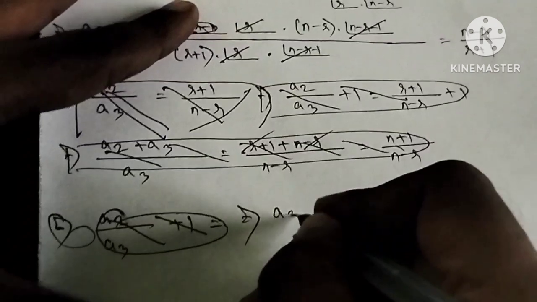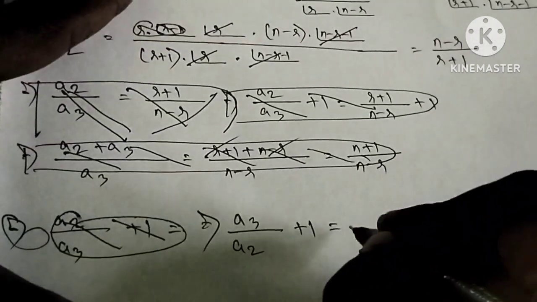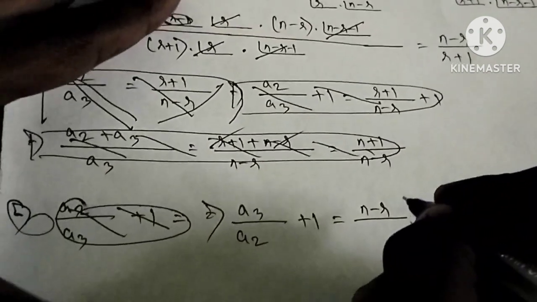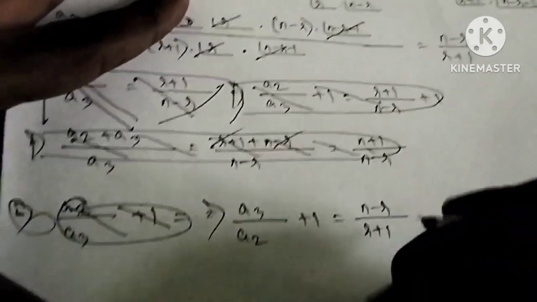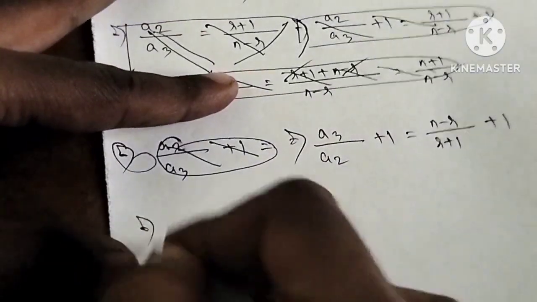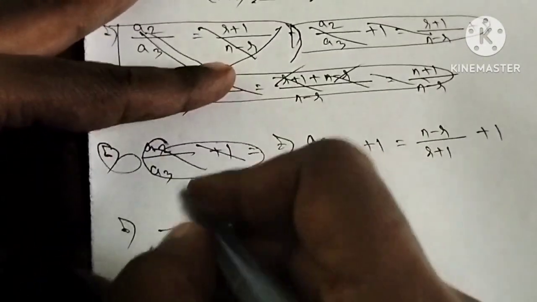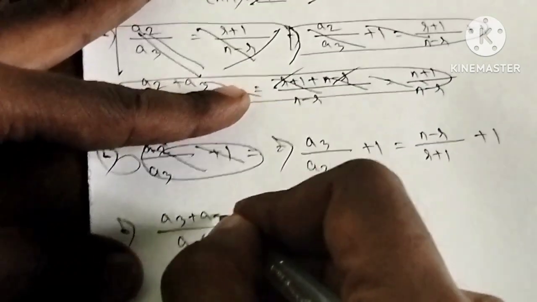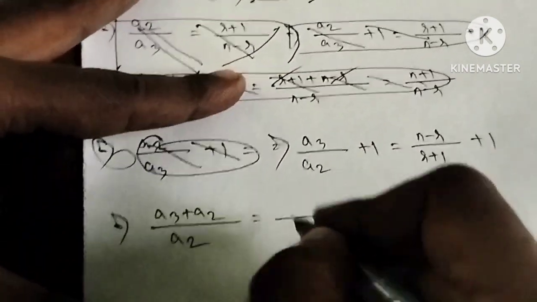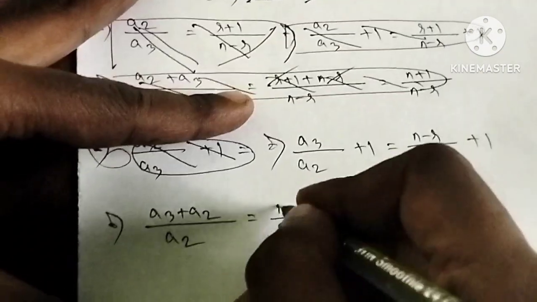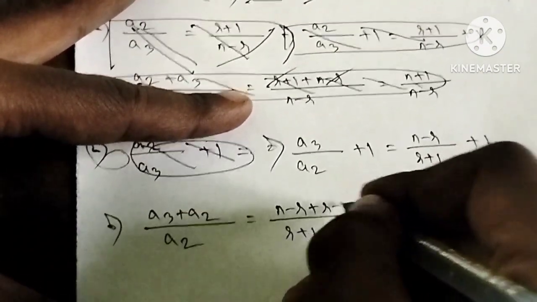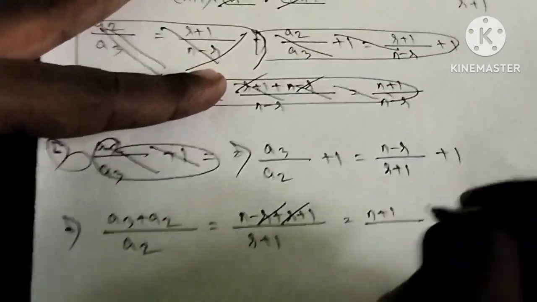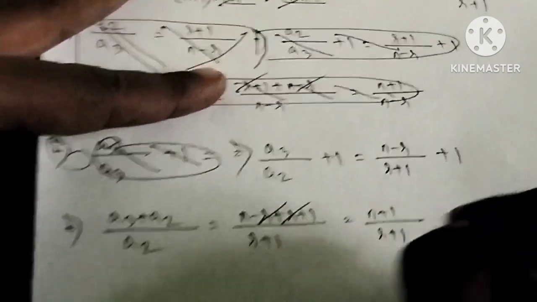Now a3 by a2 plus 1 is equal to (n-r) by (r+1) plus 1. Okay, so it would be (a2+a3) by a2 is equal to (n-r+r+1) by (r+1). Minus r plus r will cancel each other, it will be (n+1) by (r+1).